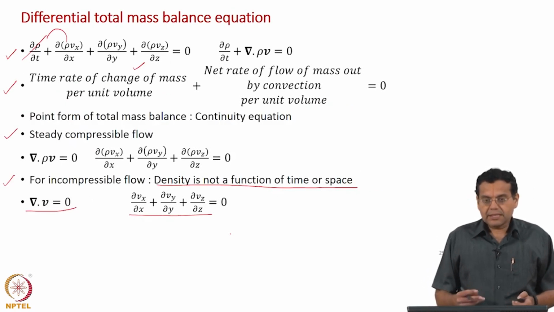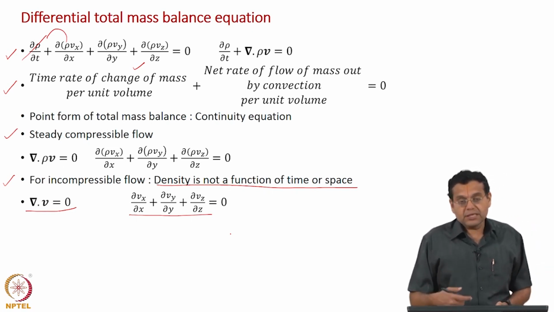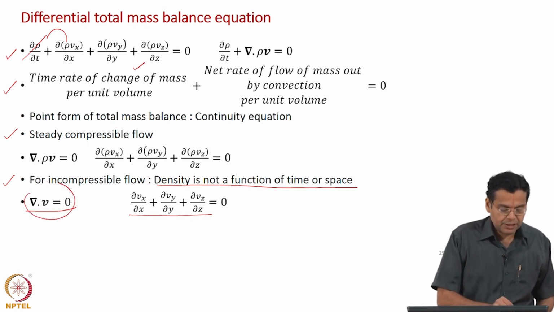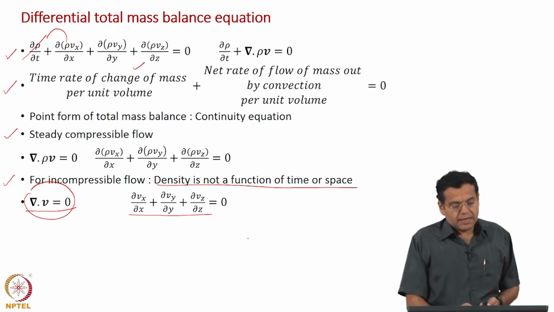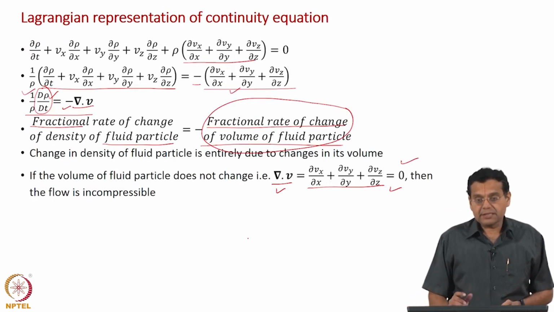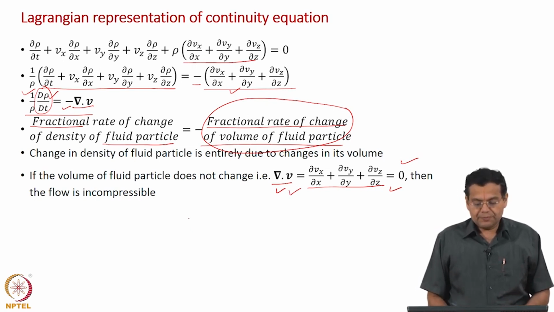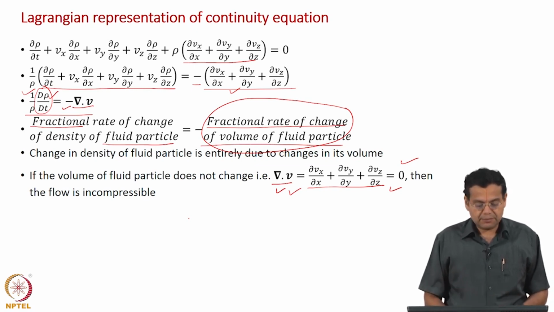First we said the condition for incompressible flow in terms of density, density not varying with time or space, and hence arrived at del dot v equal to 0, and we said that is an incompressible flow. Now, once again we arrive at the same condition, del dot v equal to 0, in a more physically meaningful way, because del dot v represents the fractional rate of change of volume of a fluid particle, and if the volume does not change, then it is incompressible flow.